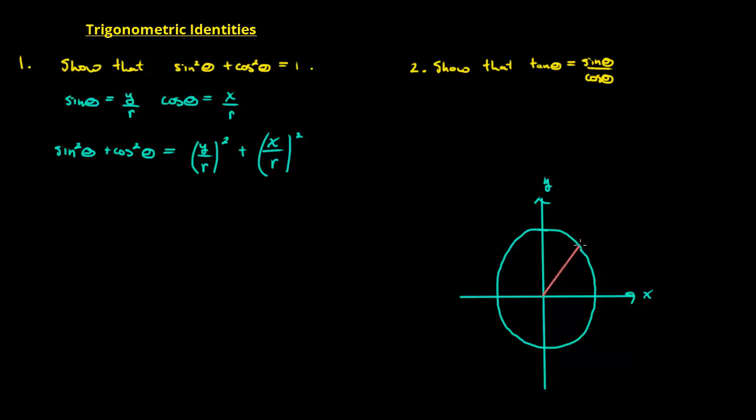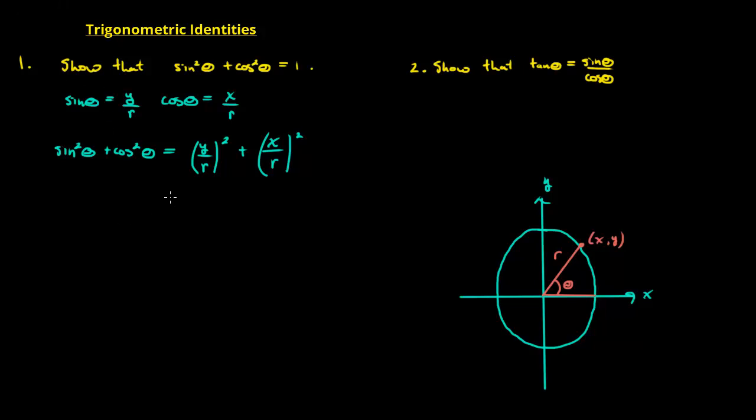If I have an angle that's drawn in standard position, if this is the coordinate x comma y and this is r, then the sine of this angle theta is y over r. The cosine of this angle theta is x over r. This is just to review what we've already looked at previously.